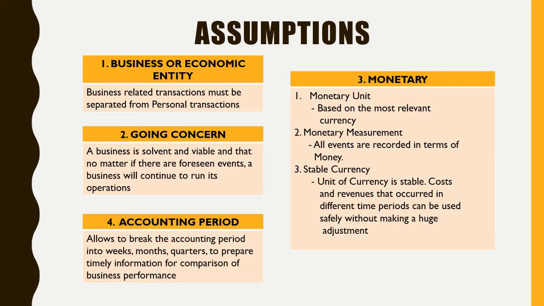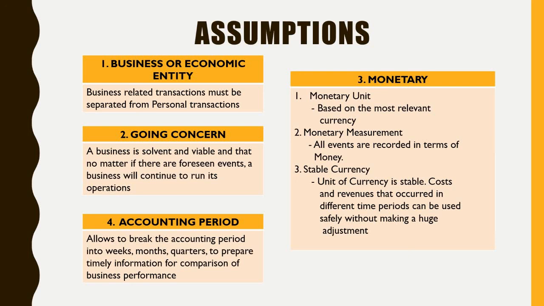So that is what money measurement is. It means that you need to have some sort of monetary value to everything that you do in regards to a company. So a good example is, I'm not going to write that I have 12 employees. I'm going to write how much it costs me to have a total of 12 employees.